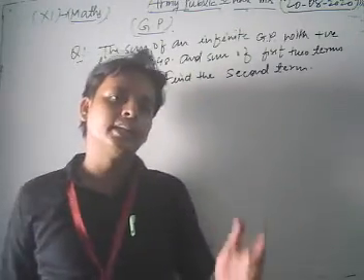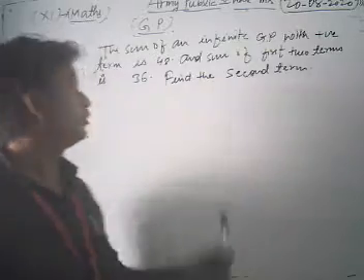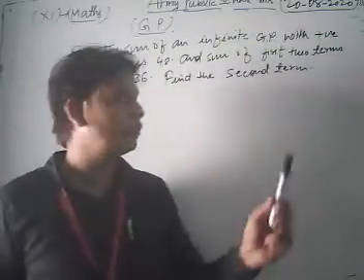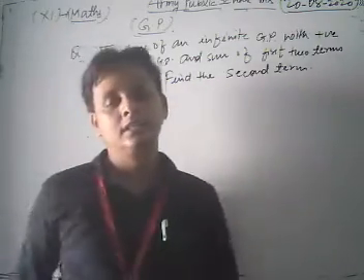This is the question based on the sum of an infinite GP. Here your question is the sum of an infinite GP with positive terms is 48, and the sum of the first two terms is 36. Find the second term.